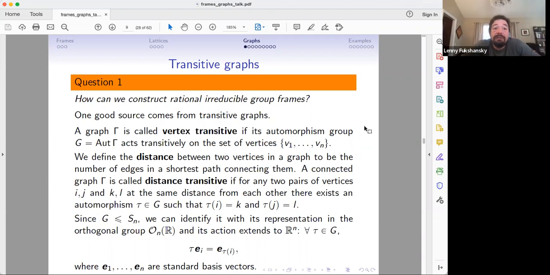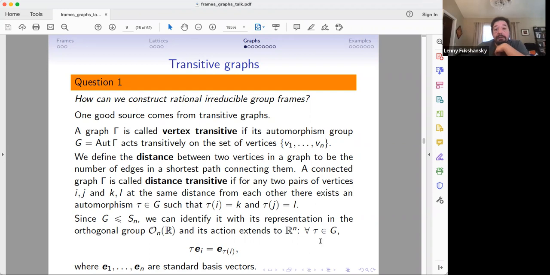So I can identify it with a subgroup of the orthogonal group, just view Sn as permutation matrices. And then its action extends to Rn. For every tau, I can act on the standard basis vector by just permuting it, and that gives me an action on Rn.